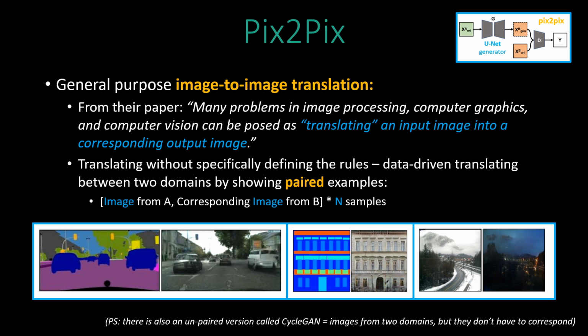So potentially this is a really powerful model if we can learn any translation between two domains if we only have pairs of data. That's potentially really powerful, right? You can convert day to night images, or the other way around. You can hallucinate details from just labels, right?